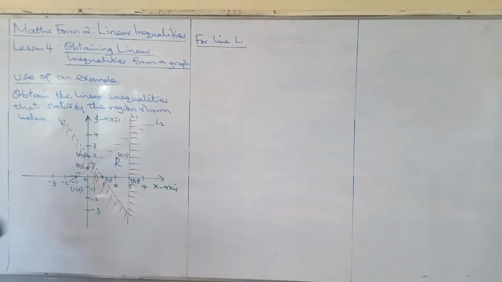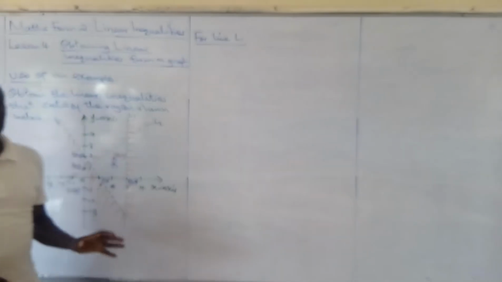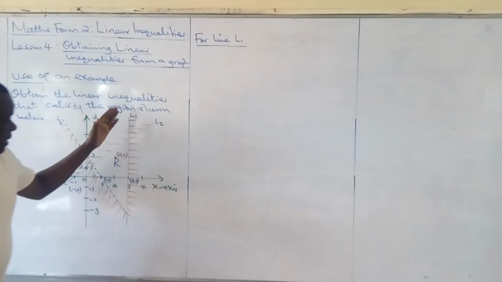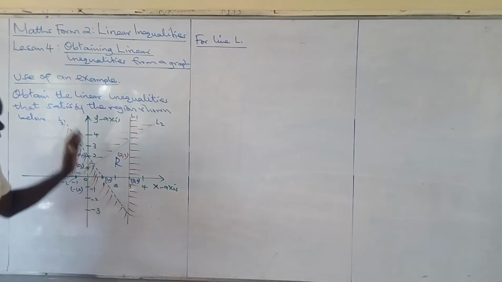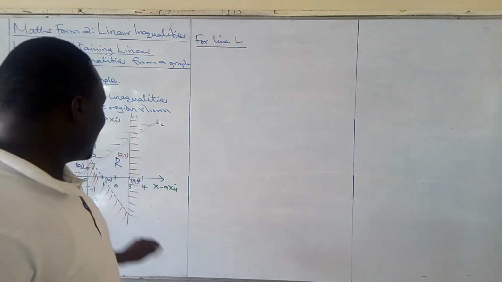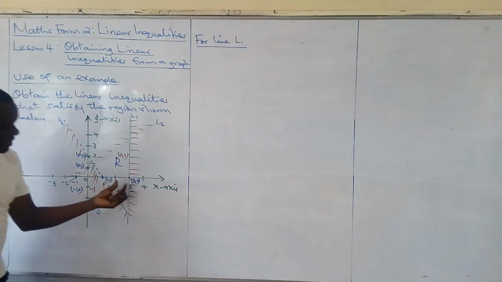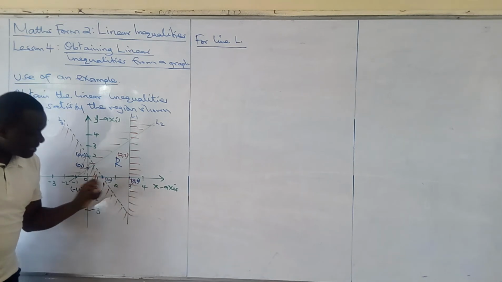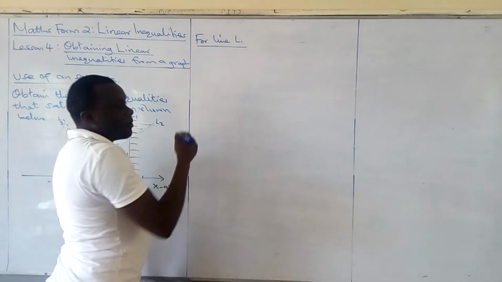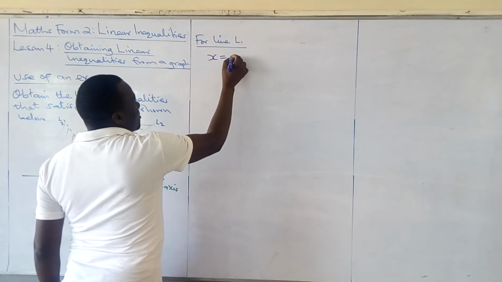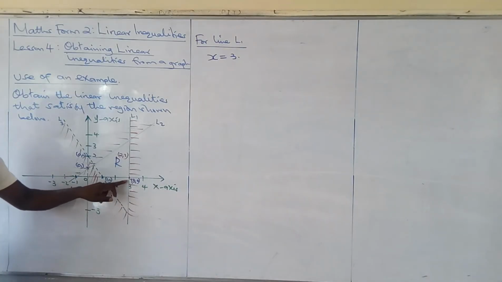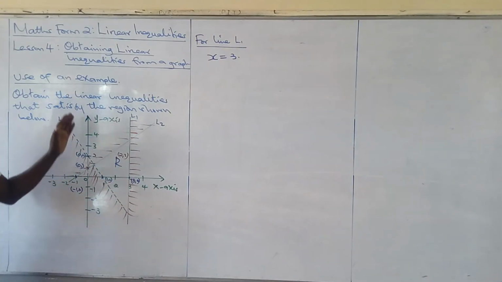this is a line that is parallel to the y-axis. Once the line is parallel to the y-axis, we just look at where the line is cutting the x-axis. This line is cutting the x-axis at 3. Therefore, our equation for that line will be simply x equals 3, because the line is passing through the x-axis at 3 and it is parallel to the y-axis.